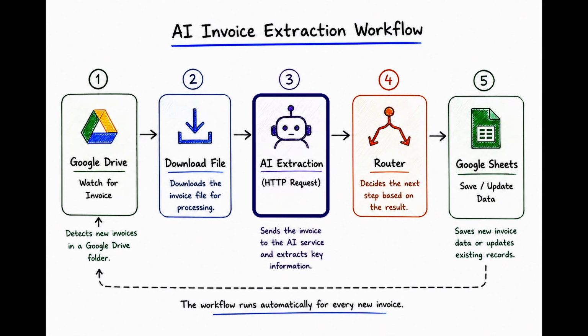Sends the invoice to the AI service and extracts important information. Module 4, Router. Decides what happens next based on the result. Module 5, Google Sheets. Saves new invoice data or updates existing records automatically. Together, these 5 modules create a complete workflow that automatically extracts invoice data and saves it to Google Sheets.